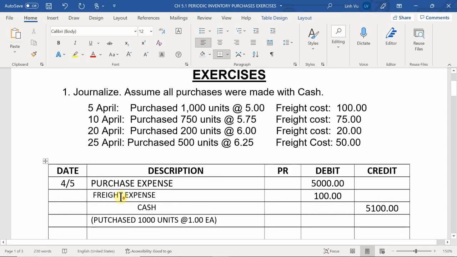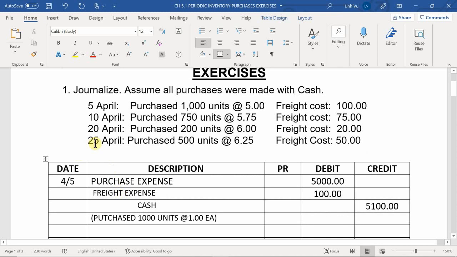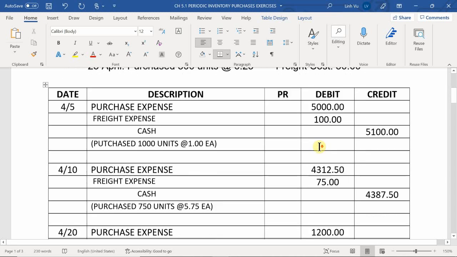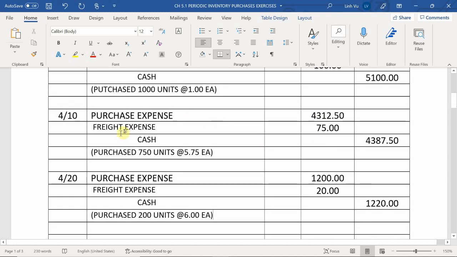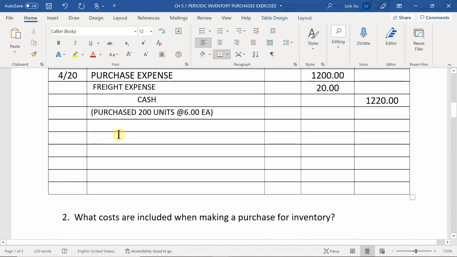All right, last but not least, April 25th, I purchased 500 units at $6.25 each, with the freight costing me $50. How do I record that?